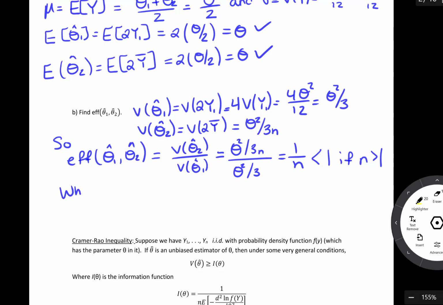So when n is equal to 1, notice that theta hat 1 is equal to theta hat 2, because if you only have a sample of 1, y bar is just going to be equal to the single observation. But when n is greater than or equal to 2, we have that theta hat 2 is more efficient.